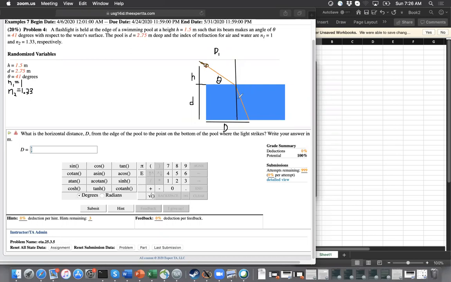And then we have the distance from that the thing took in the water. That we can call, for example, D2.